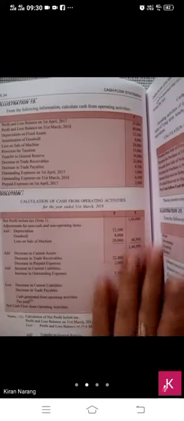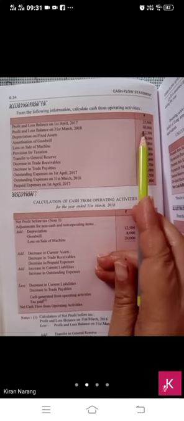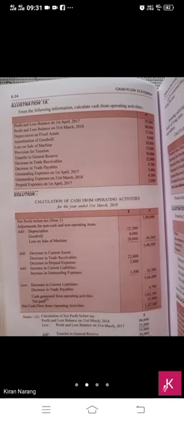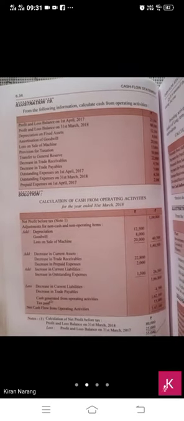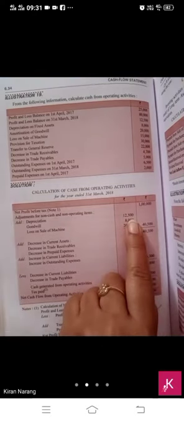Next is also a very easy question. Profit and loss of 2 years are given to you, 17 and 18, 25 to 80. So you will take the difference, and the difference will be 55,000. Then depreciation 12,500 will be added.